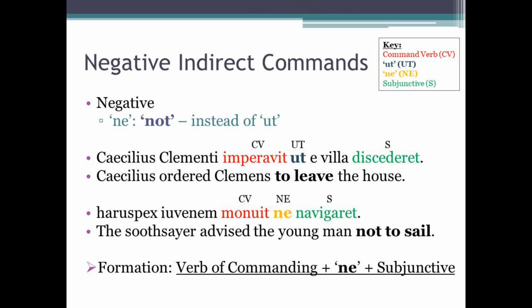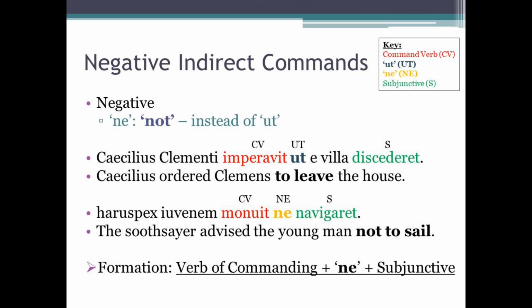In this first example, Caecilius Clementi imperavit ut e villa discederet. This is a regular indirect command with ut, meaning Caecilius ordered Clemens to leave the house. In this second example, Haruspex juvenem monuit ne navigaret.